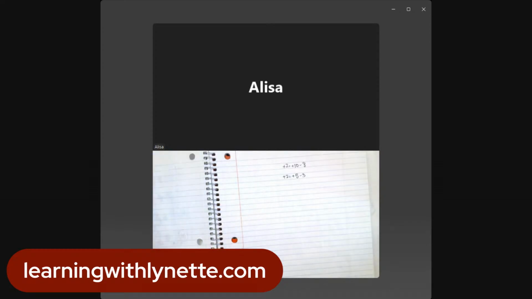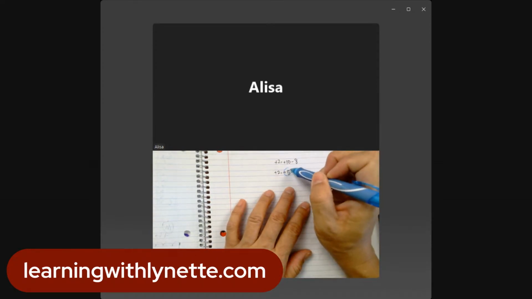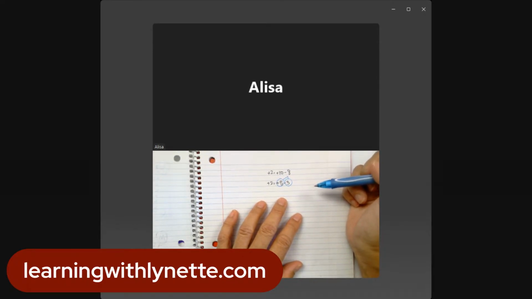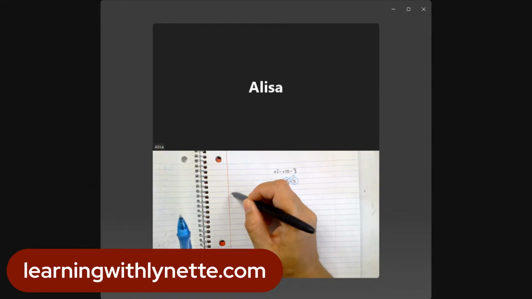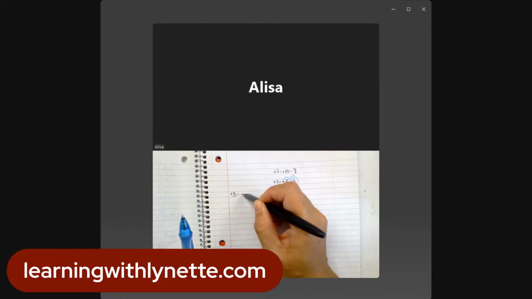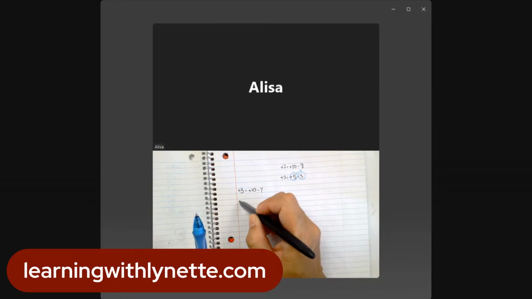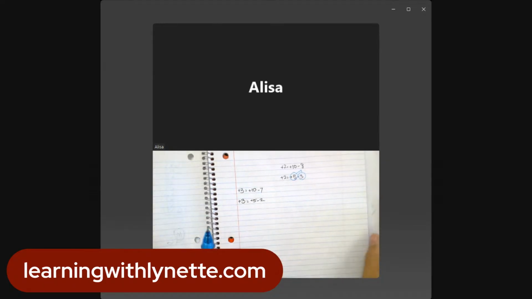If you notice, 3 and 5 is equal to 8. That was a cool thing about it. So 3 is the same thing: plus the 10 minus 7, equal to plus the 5 minus 2.